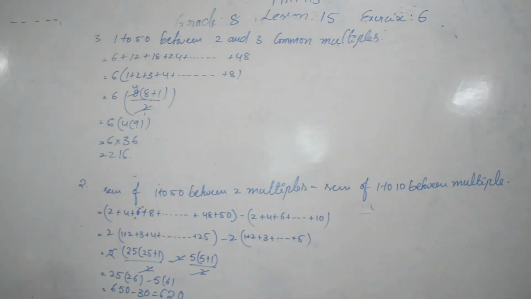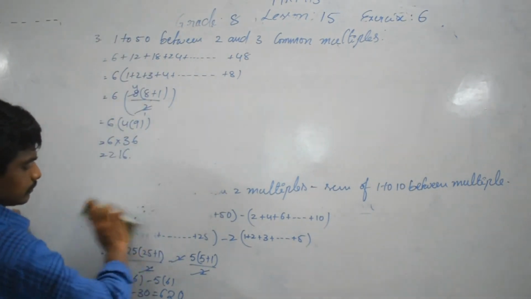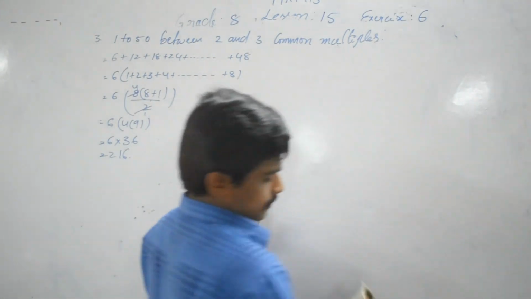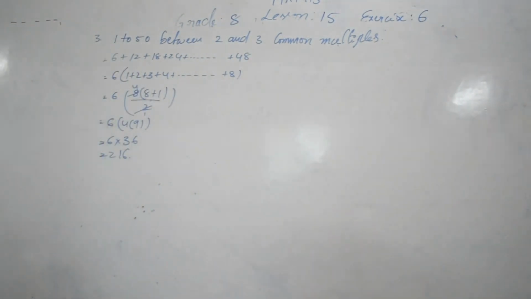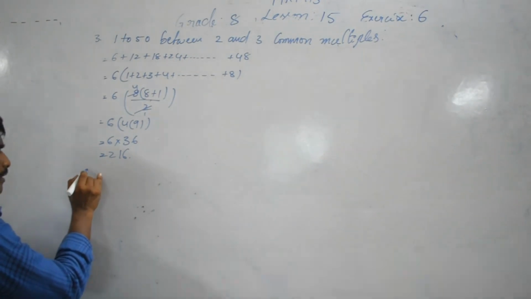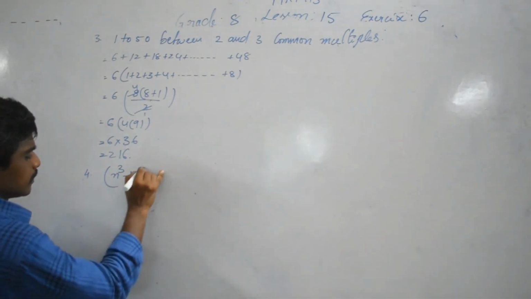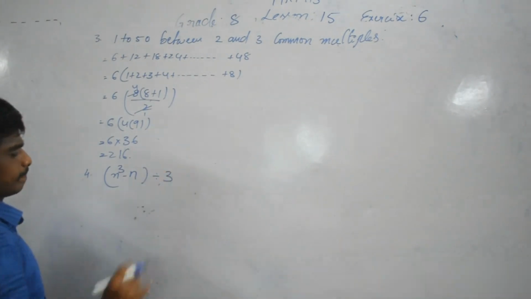Next, n cube minus n is divisible by 3. Explain the reason. This is the formula: n cube minus n divided by 3.